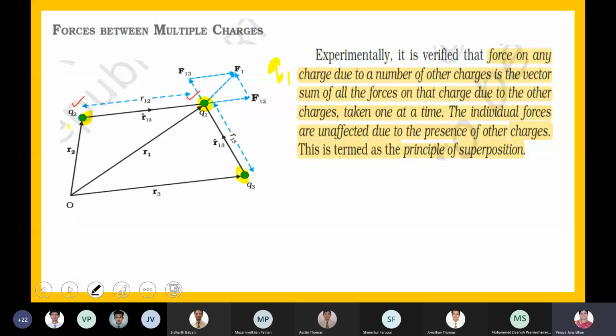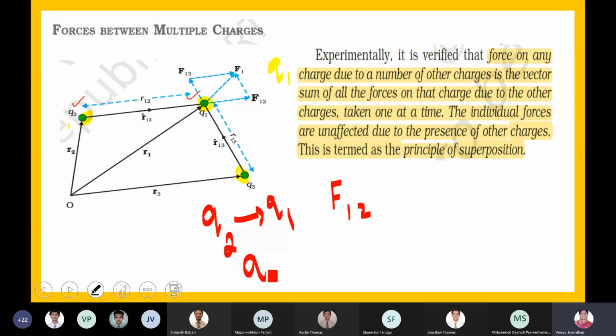Boys, I have a system of three charges, Q1, Q2, and Q3. Now, Q2 is applying a force on Q1. Q3 is also applying a force on Q1. I want to find what is the total force acting on Q1, right? To find the total force acting on Q1, I should use the principle of superposition. Now, what is the principle of superposition? Let the force exerted by Q2 on Q1 be F12.